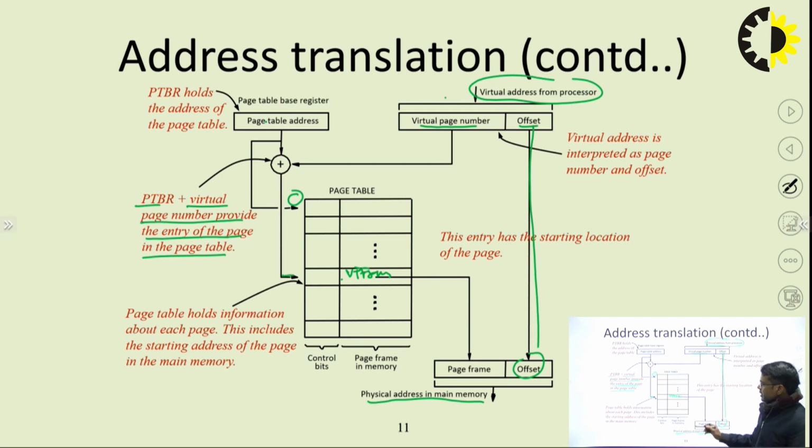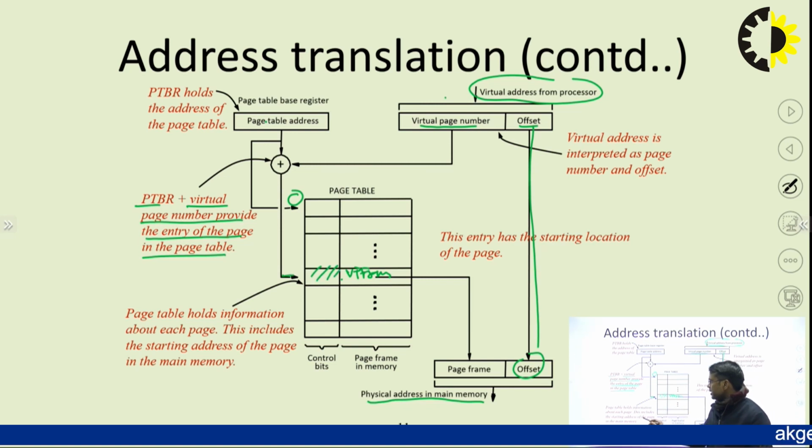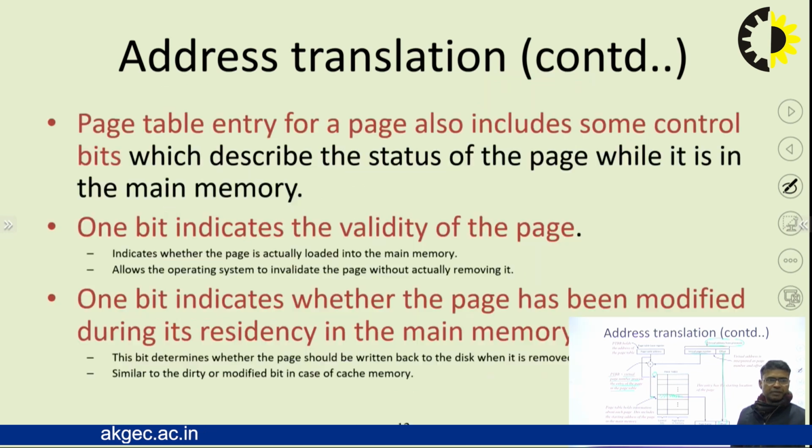Now, there is some additional data in each entry, and that is basically the control information or control bits about the page frame, the restrictions provided by the operating system to access that particular data in that particular page frame.